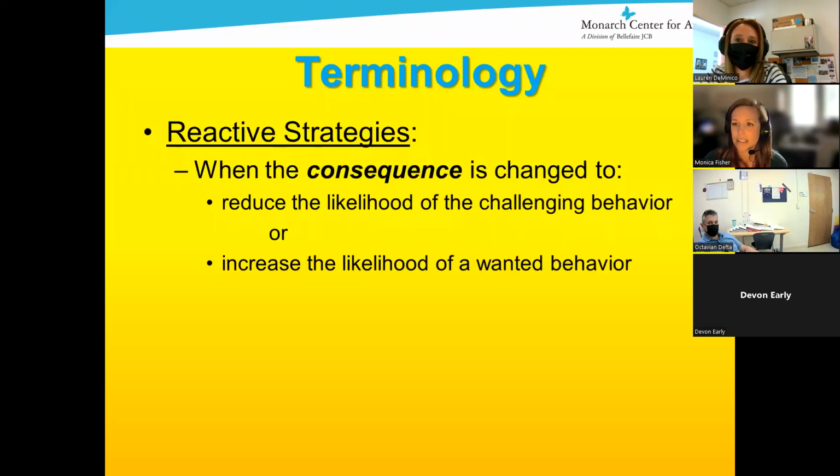So now we get into the reactive strategies or consequent interventions. These are interventions that would follow a problem behavior to reduce the likelihood of it occurring again, or increase the likelihood of a wanted or desired behavior.